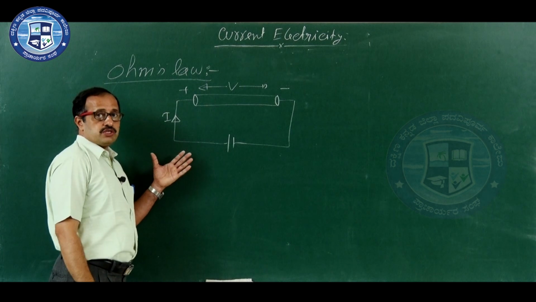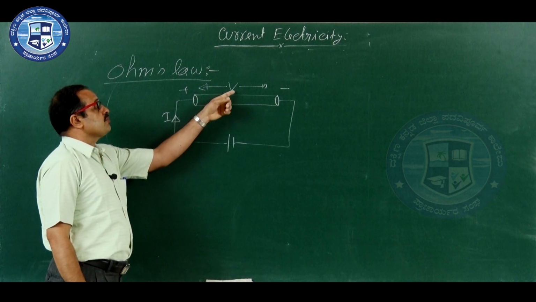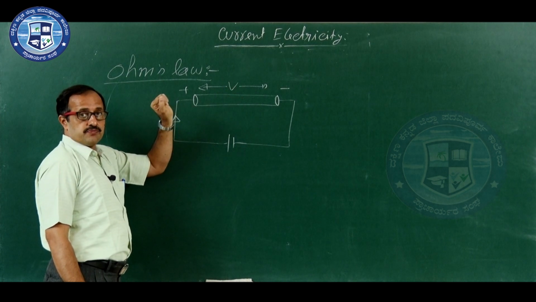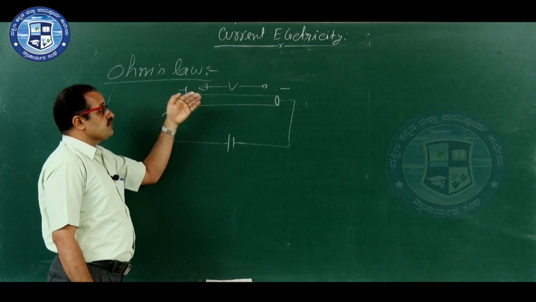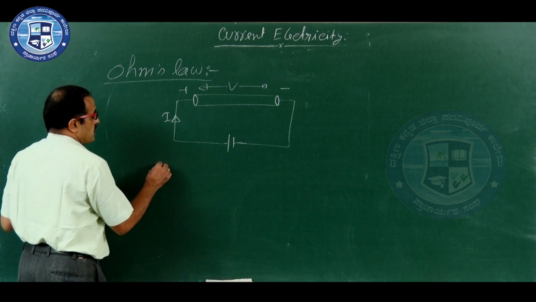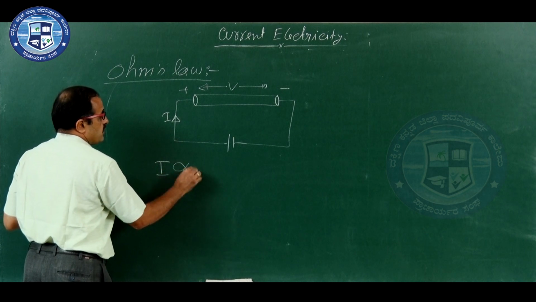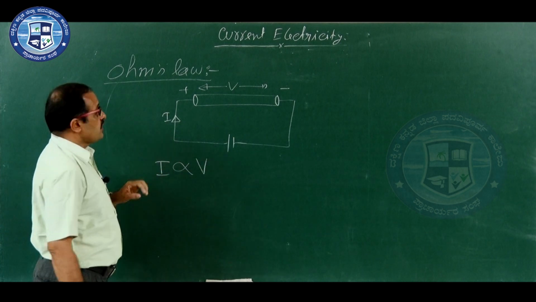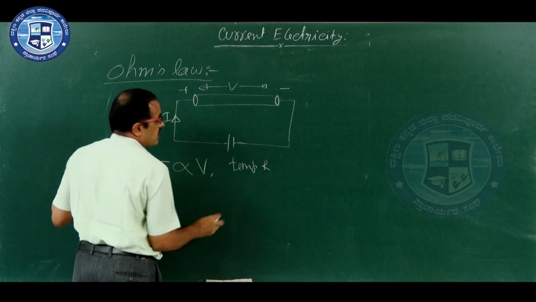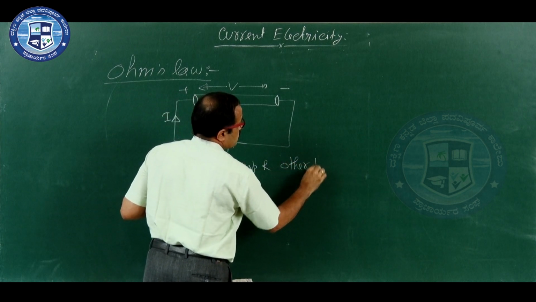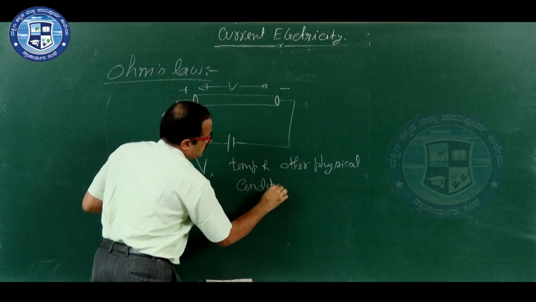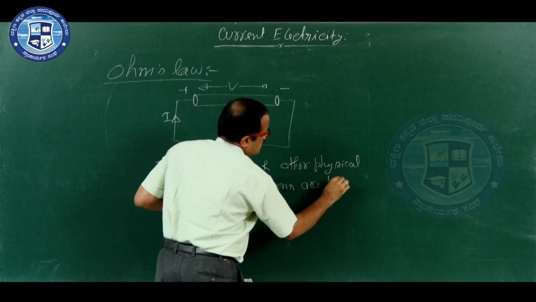Now, Ohm's law states that current through the conductor is directly proportional to potential difference applied across the ends of the conductor, provided temperature and other physical conditions are kept constant.